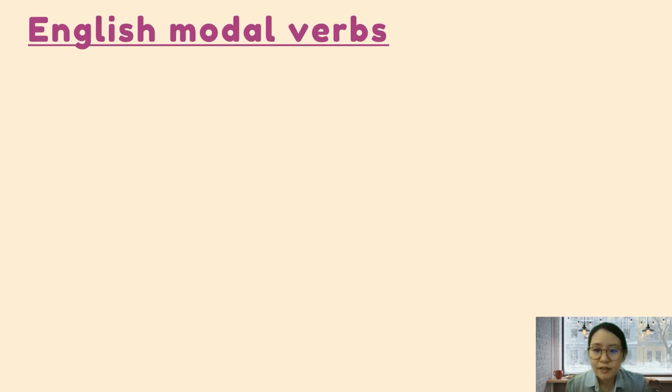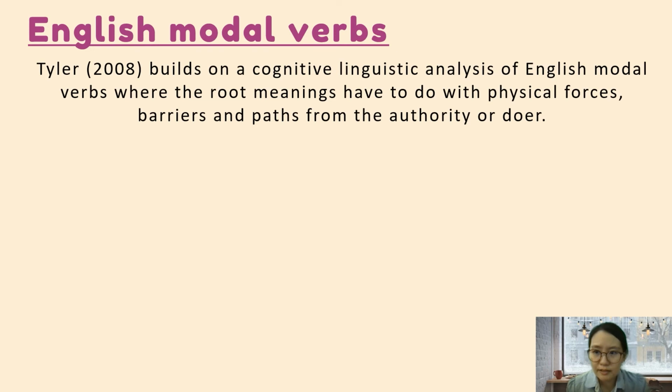Next, we have English modal verbs. Tyler builds on a cognitive linguistic analysis of English modal verbs where the root meanings have to do with physical forces, barriers, and paths from the authority or doer.